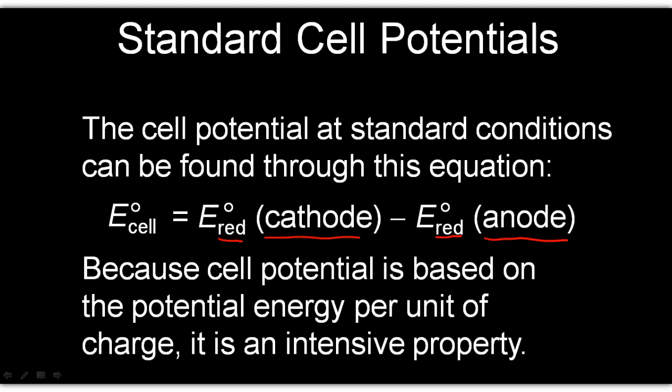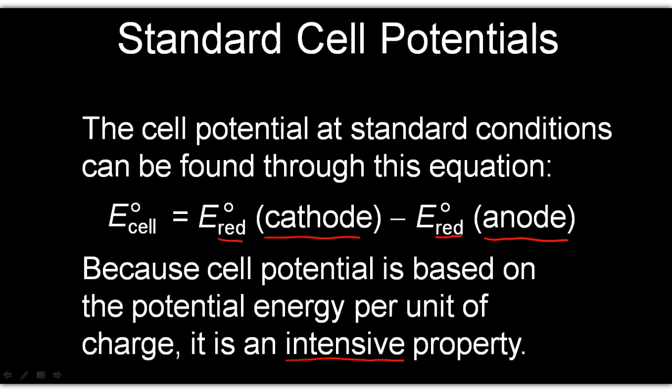Got it. One other side note here just to mention, this property, this electric potential, is an intensive property, which simply means that it doesn't matter how much I have of this substance, it's always going to be the same electric potential difference constant.